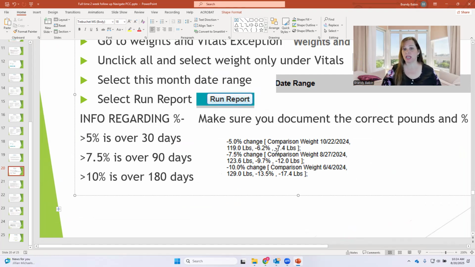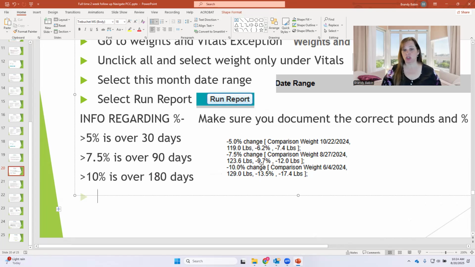So what we'll say in our HPI is patient has had a 7.4 pound or 6.2% weight loss in the past, and here's your answer, 30 days. Now 7.5% is called 90 days and 10% is 180 days. I can't tell you why they do that, but they do that.